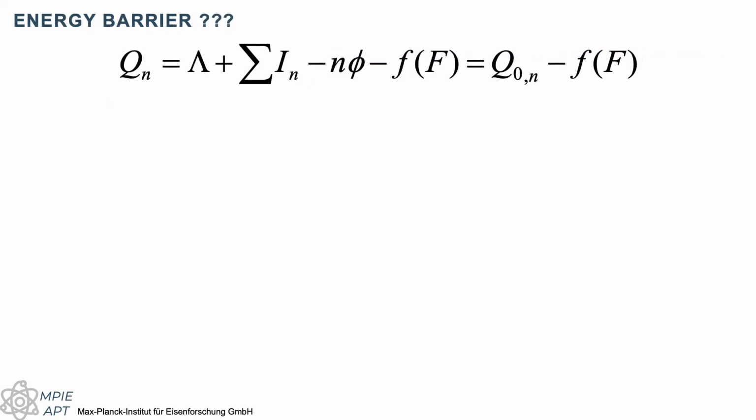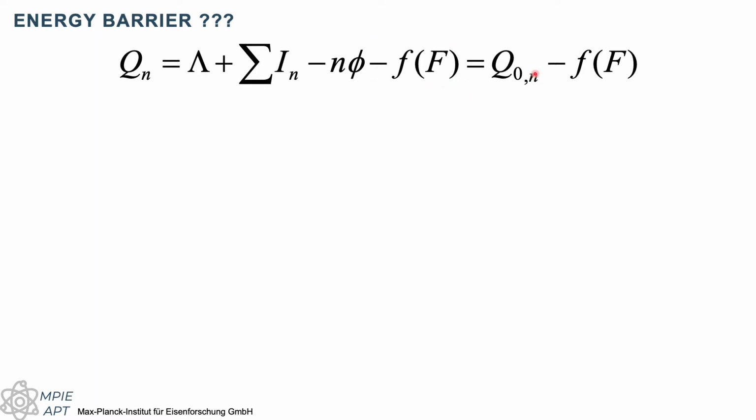I mentioned briefly this energy barrier that you need to overcome to remove these surface atoms. So again, it's the sublimation energy, the ionization energy, the work function times the number of electrons that you're removing from the atom to transition into an ion, and this is a function of the field.